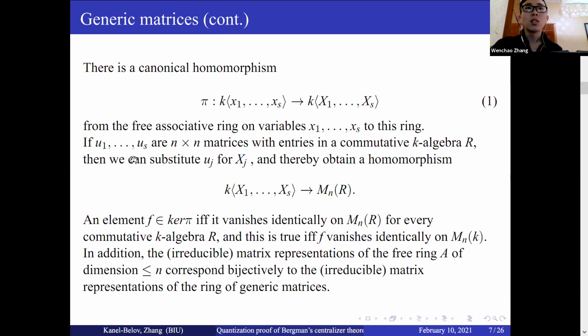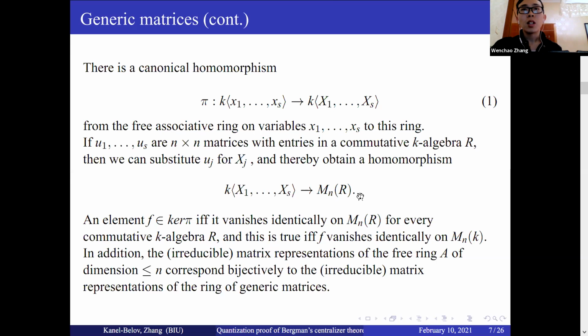From this, if u1 to us are n by n matrices with entries in a commutative K-algebra R, then we can substitute u_j for x_j, and thereby we obtain a homomorphism from K⟨x1,...,xs⟩ to M_n(R).